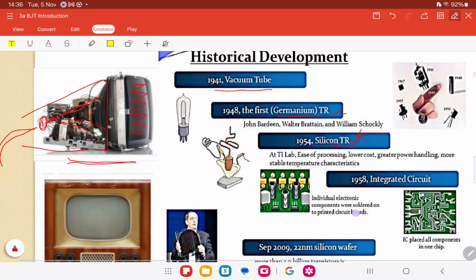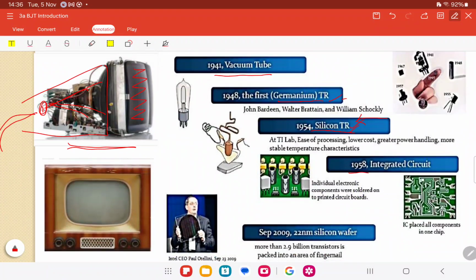And then in the 1960s they integrated it into the IC.